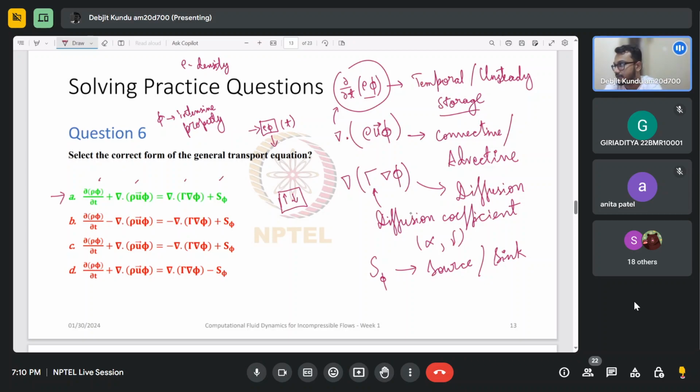So if we term these 1, 2, 3 and 4, the diffusion term is actually the negative of this. The diffusion would happen towards the negative gradient, right? So the original form of the equation can be written as 1 plus 2 minus 3 equal to 4, right?